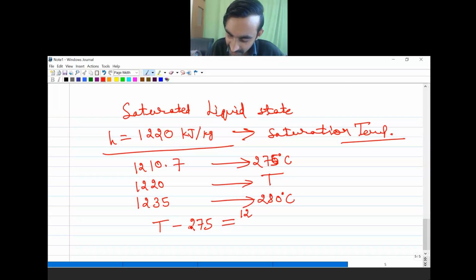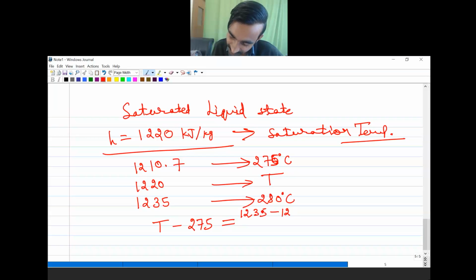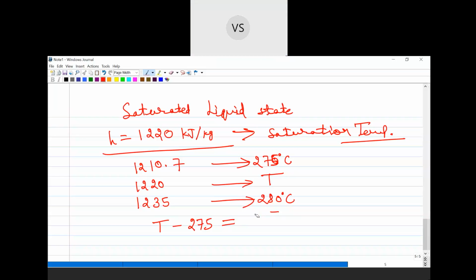It will be T minus 275 equal to 1235 minus 1220.